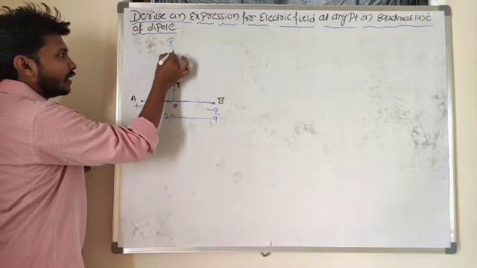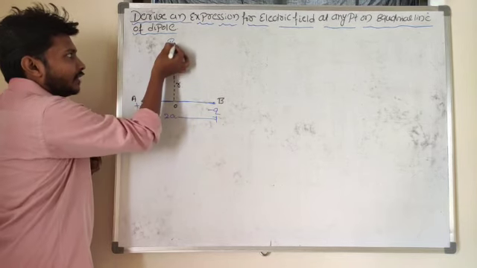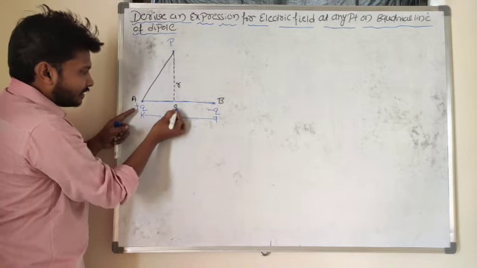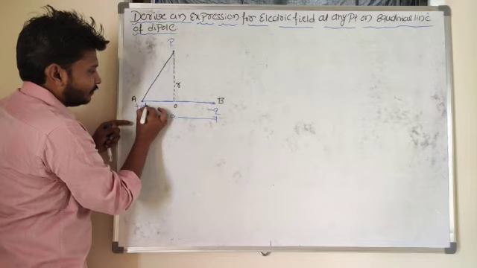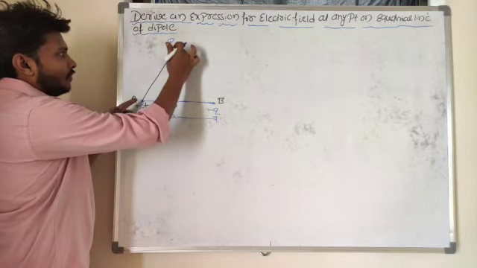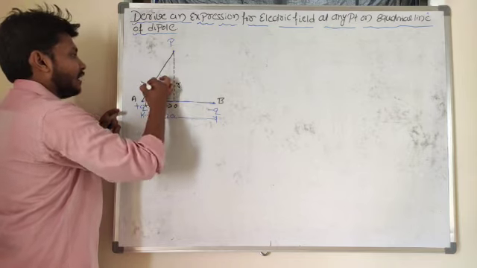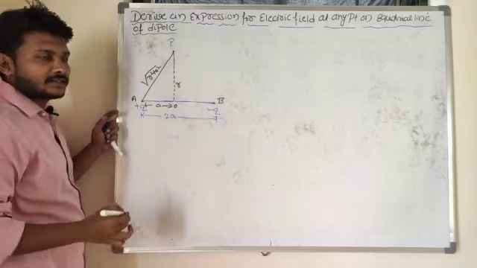For example, look at here. From the center of the dipole to the point of observation, distance is r here. From the center of the dipole to point A, the total distance is 2a, so this distance will be a. Then what about the remaining distance from the Pythagoras? So this is a, this is r, so square root of r square plus a square here.